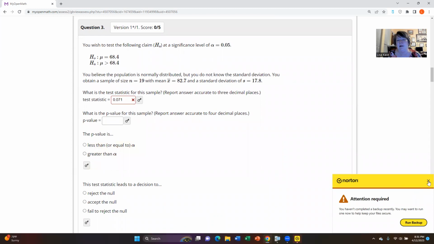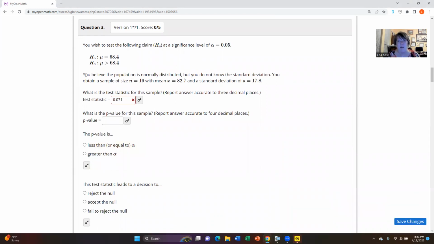Number 3 is straightforward because they give you the null and alternative, and then you just need to decide what test you're conducting. Just to note, in this particular case, the alternative hypothesis is greater than, and the null is equal, and that's perfectly fine. The null hypothesis must contain equals.